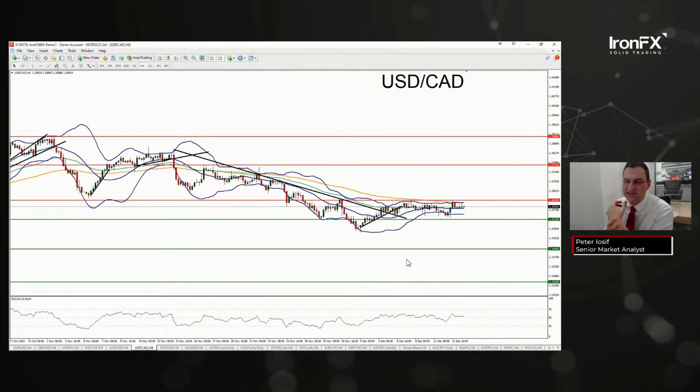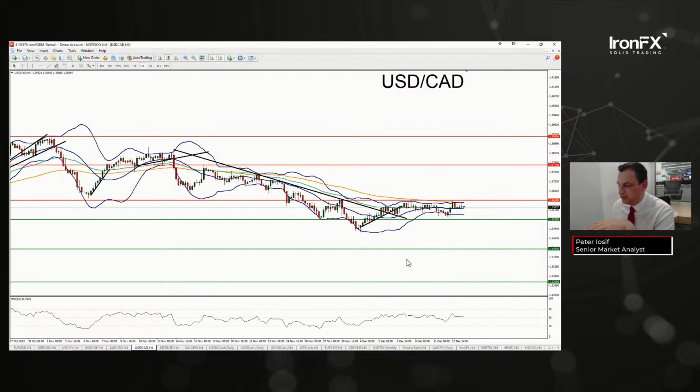Should there be a positive market sentiment, that positiveness would be amplified when received by the Canadian dollar, and that would allow it to strengthen higher. On the flip side, should there be a more risk-averse market sentiment, that could weigh on the CAD and would allow USD CAD to rise.